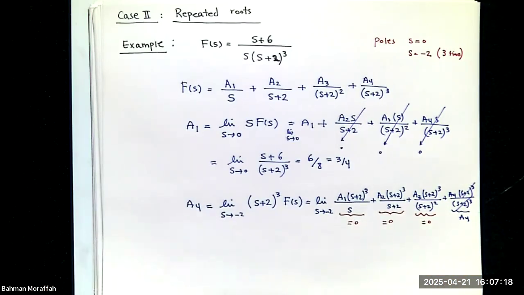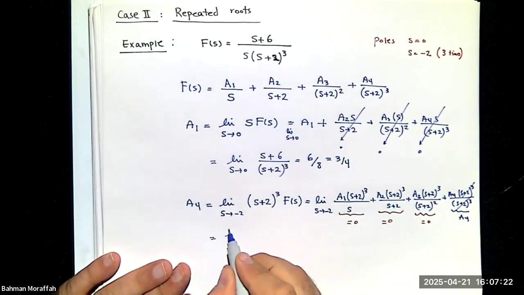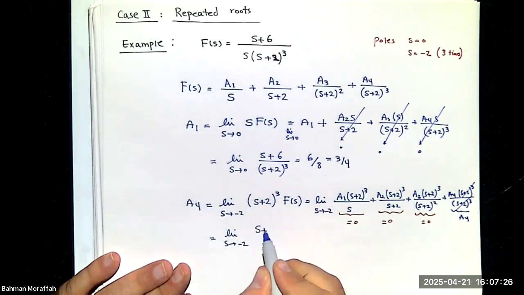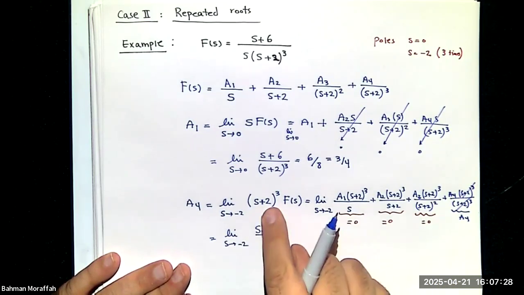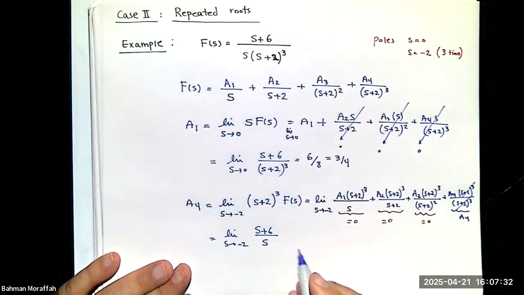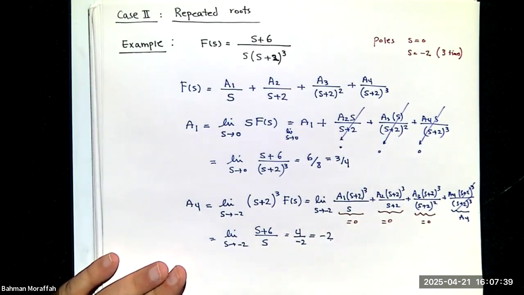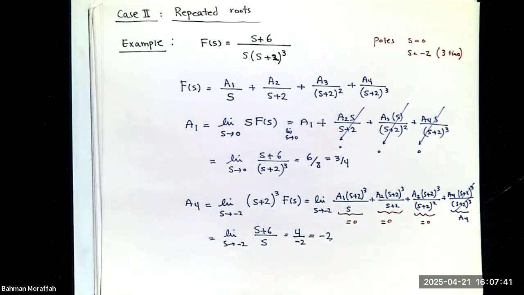And I know the last one is a4. So I can find the limit as s goes to -2 of s plus 6 divided by s, because it's multiplied by this cube, and this cube cancels this cube. So it is 4 divided by -2, which is -2.